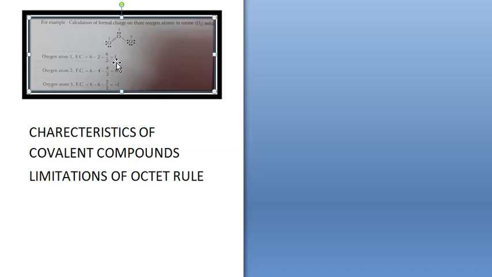So the first oxygen atom has got a formal charge of 1. You must be wondering why I have taken 6 by 2, because a double bond means 4 electrons, and a single bond means 2 shared electrons. So 4 plus 2 is 6, and 6 divided by 2. So 6 minus 2 minus 3 becomes 1.